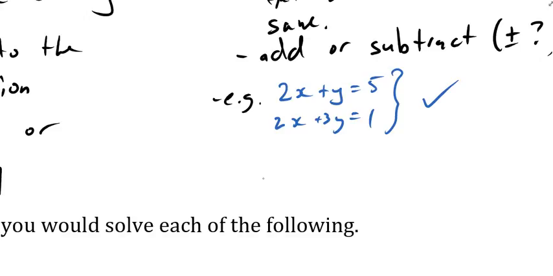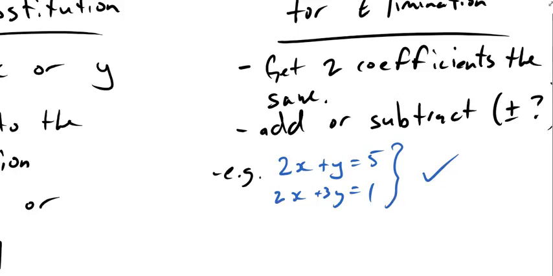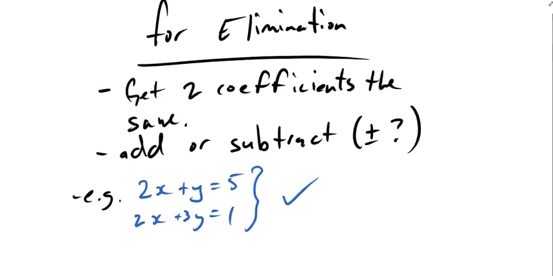So we'll see an example of that. But eventually you have to be able to make it so both equations, equation 1 and equation 2, have the same coefficient. That's our goal for elimination.